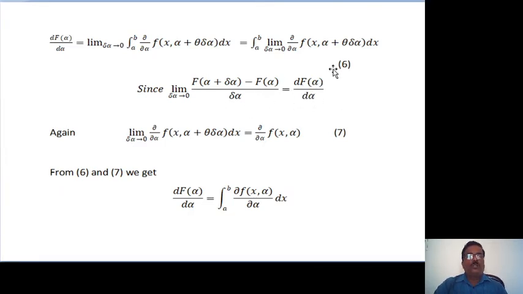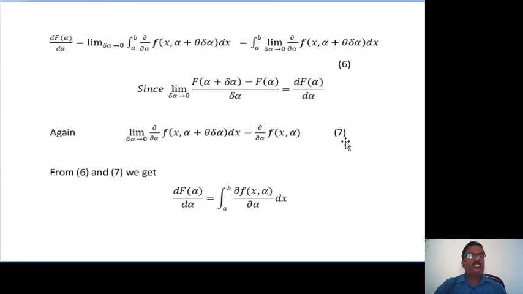So now from 6 and 7, again limit as delta alpha tends to 0 of dou by dou alpha of f of x comma alpha plus theta delta alpha dx. When we apply the limit as delta alpha tends to 0, we get dou by dou alpha of f of x comma alpha, because delta alpha is going to 0. Here we substitute delta alpha equal to 0, which gives dou by dou alpha of f of x comma alpha.